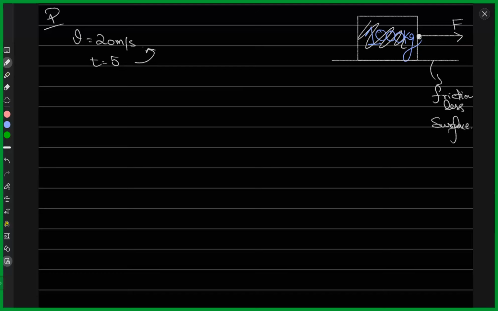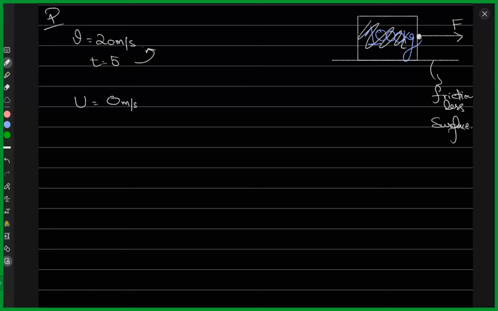So when I say that the block is resting on this frictionless surface, that tells you that the initial speed of the block is 0 meters per second, because it's sitting still, minding its own business.